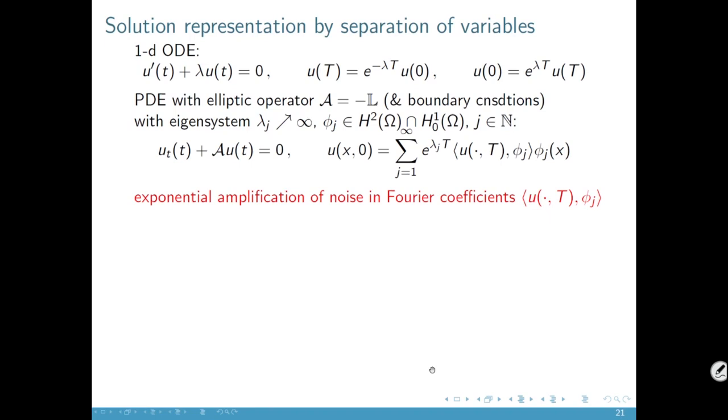So we do an expansion in terms of the generalized Fourier coefficients. And this reveals that this jth Fourier coefficient, if we have noise in it, which is naturally the case if we do measurements, this noise gets amplified by this exponential factor. And since these lambda j's tend to infinity, the exponential factor grows unboundedly. That's the reason for exponential ill-posedness of backwards diffusion.